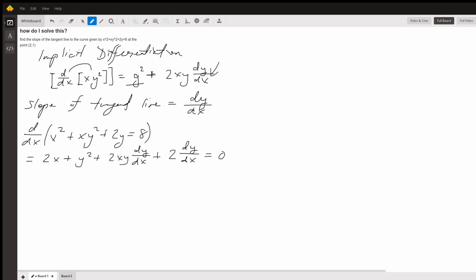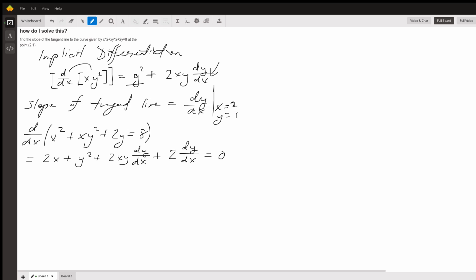Now, what is the slope of the tangent line? Well, the slope at any point is dy over dx, and we're trying to find it at x equals 2 and y equals 1. This is just a way of signifying "at."